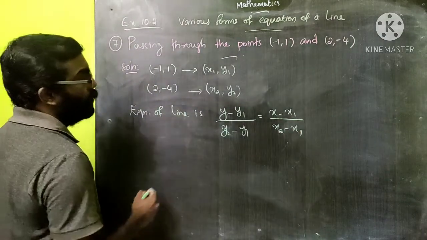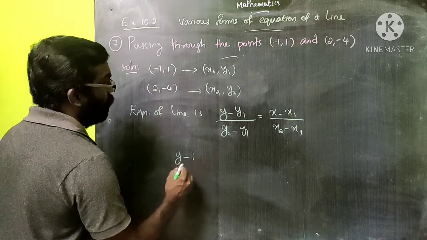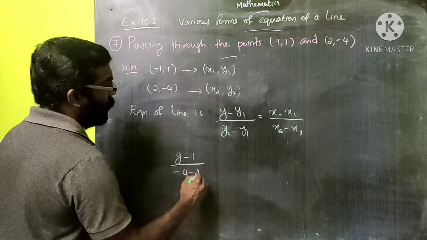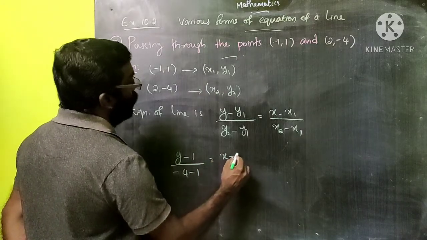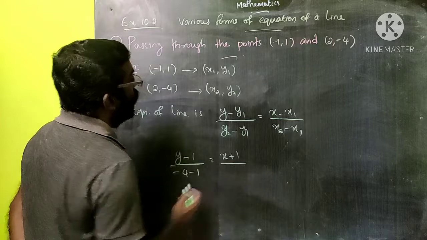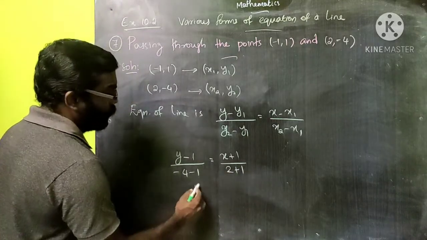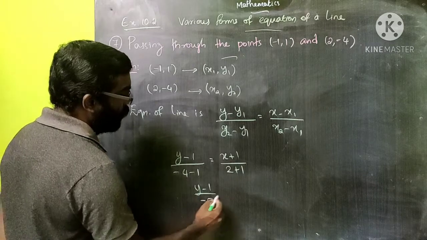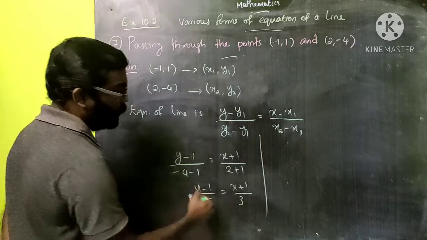We can replace the values. That is (y minus 1) by (minus 4 minus 1) is equal to (x minus minus 1), that is (x plus 1), by (2 plus 1). So (y minus 1) by minus 5 is equal to (x plus 1) by 3. Now we can cross multiply.